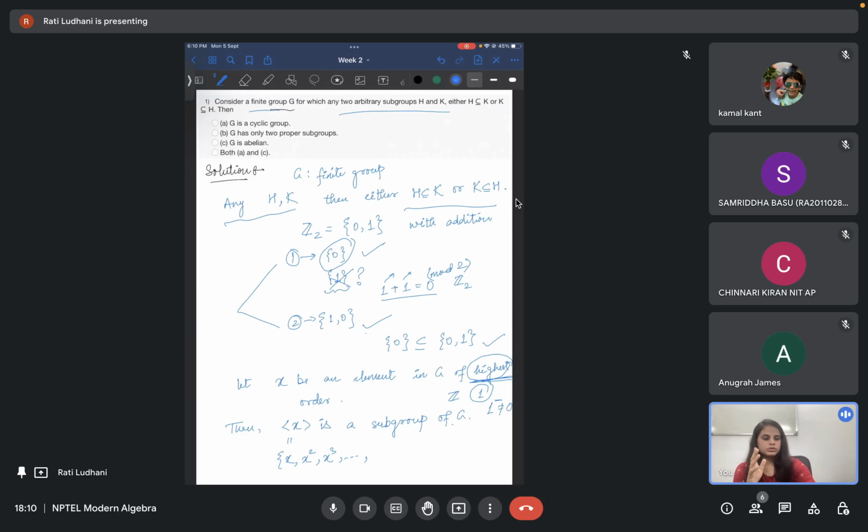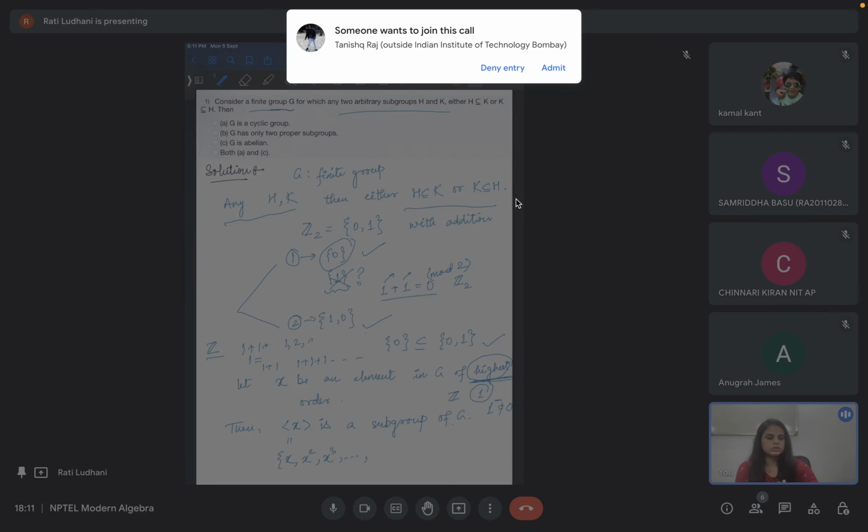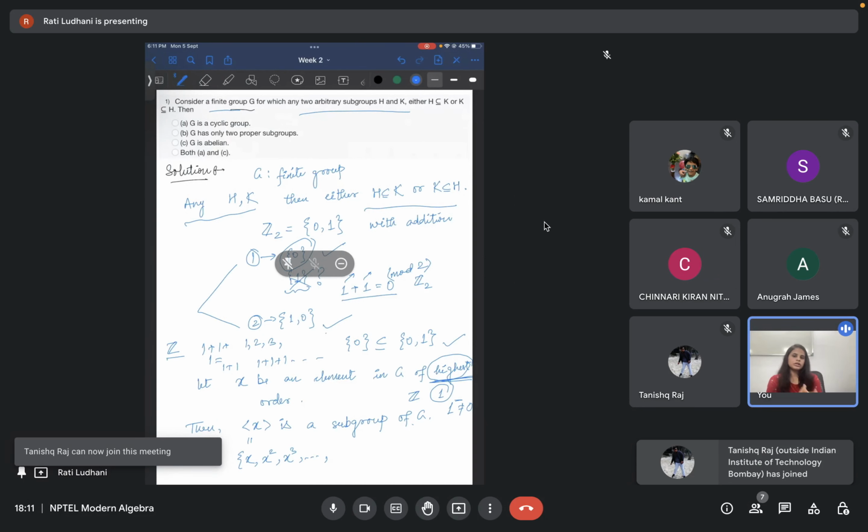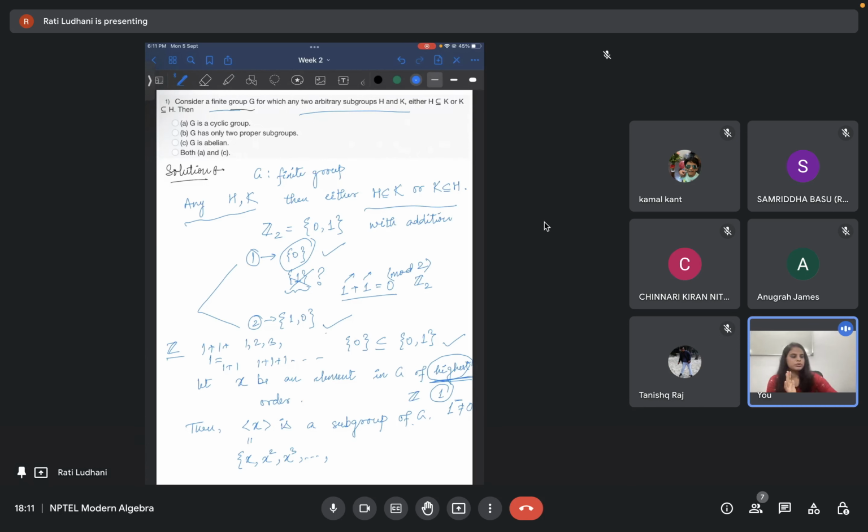Do you get my point? For example, in Z you have 1, 1 plus 1, 1 plus 1 plus 1, and so on, like 1, 2, 3. All these are different elements, right? So if the order is infinite, that means you have infinitely many elements in G. So when I introduce the word highest, I am thinking of a finite value.